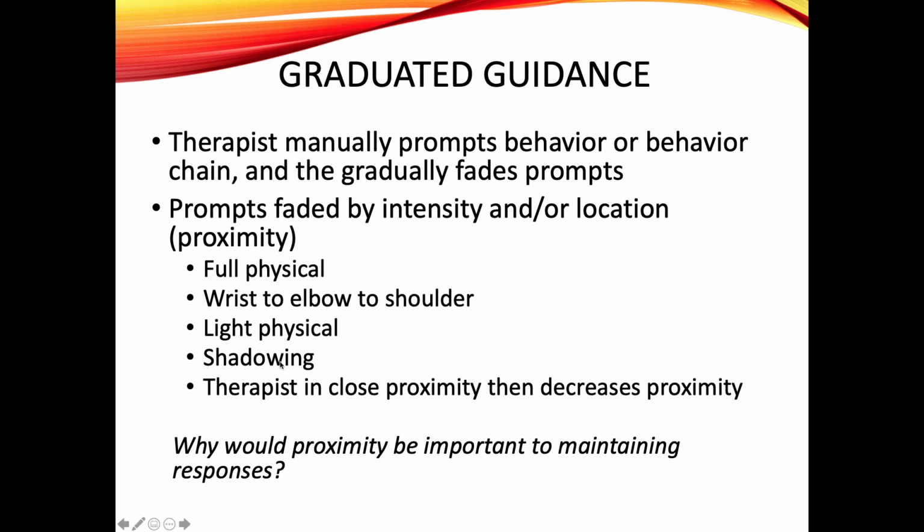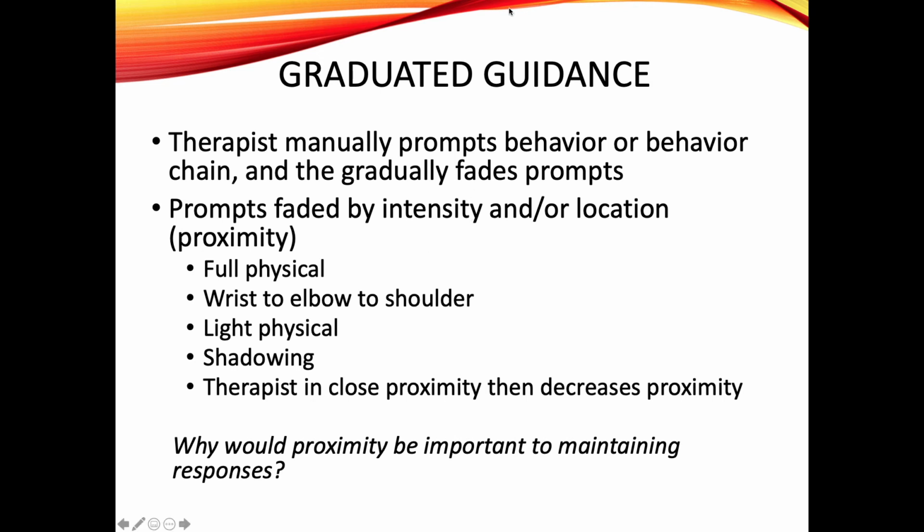So again, we move from shadowing maybe to proximity of the therapist. Initially, I'm right there. Then I maybe step back a couple feet. Then hopefully I could fade myself out altogether.